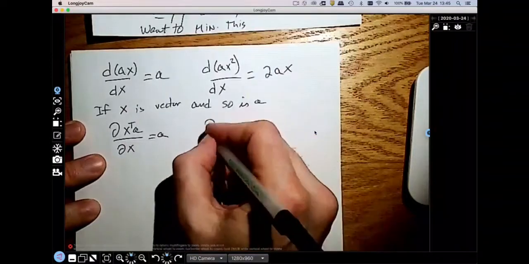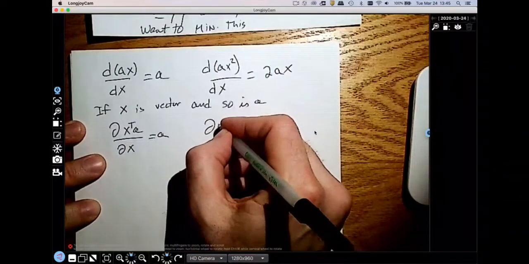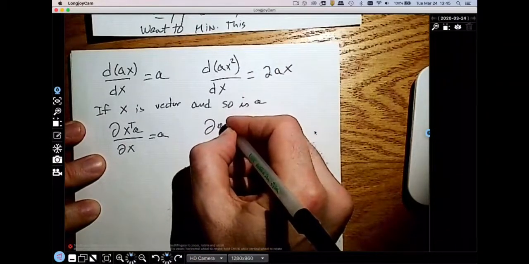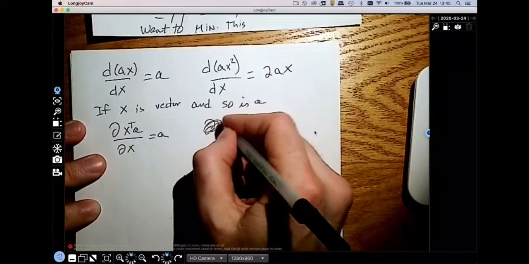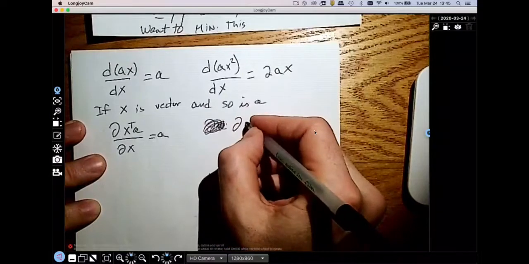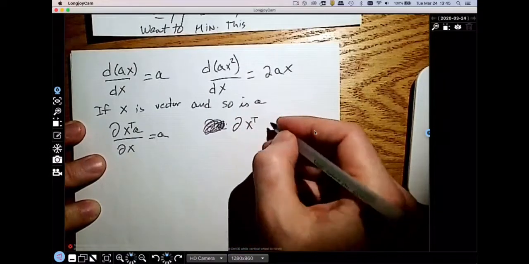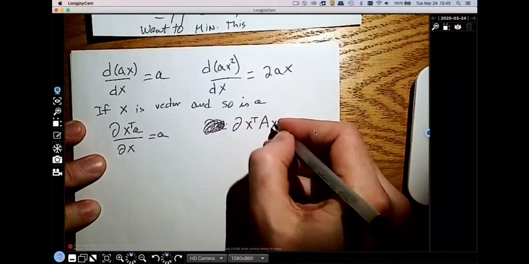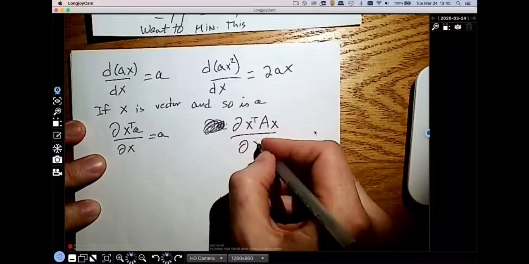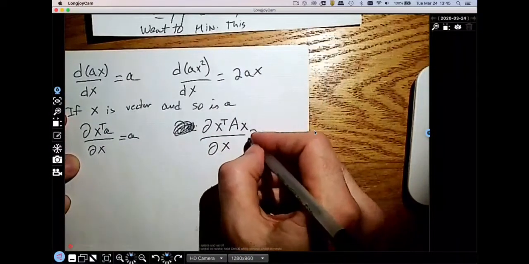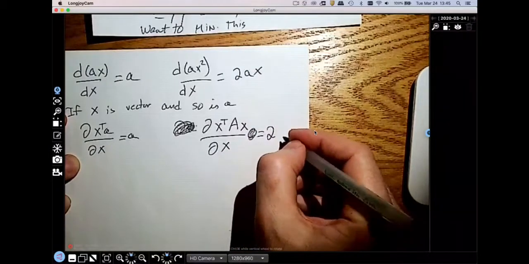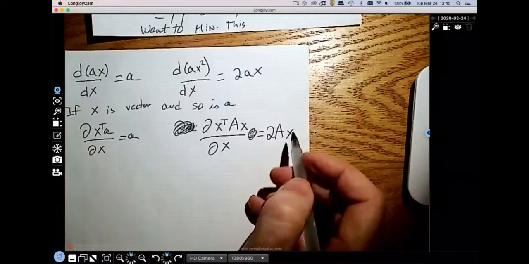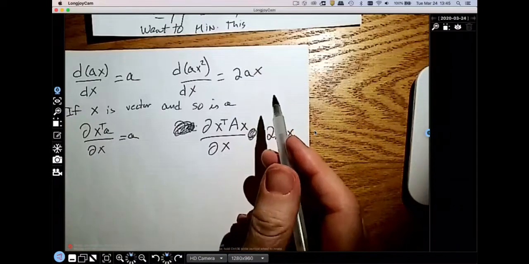And the partial derivative of x transpose times a times x with respect to x is equal to 2 times a times x. So it's exactly like that.